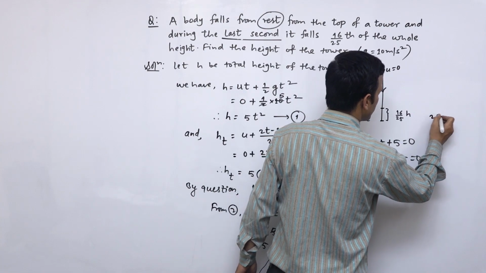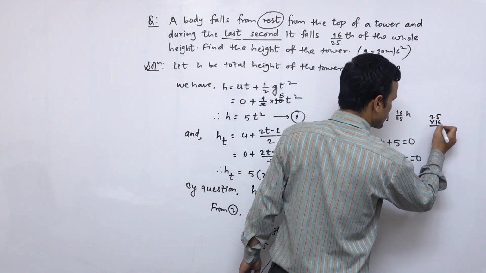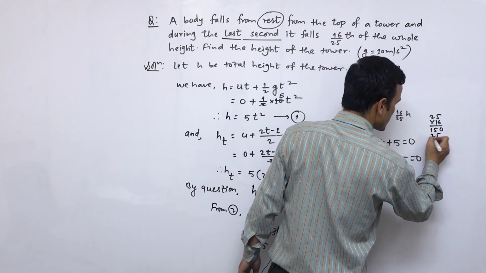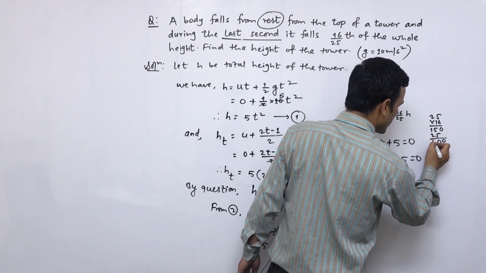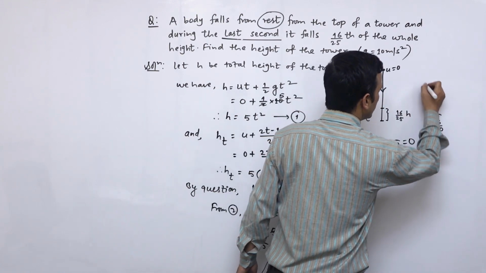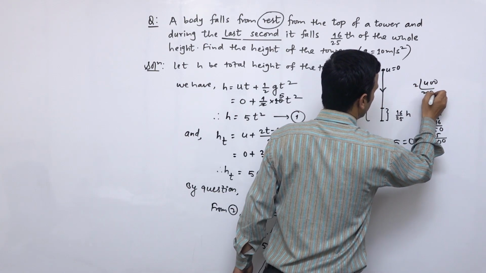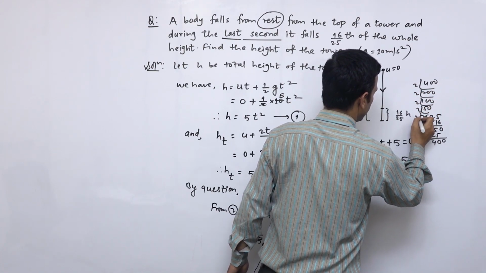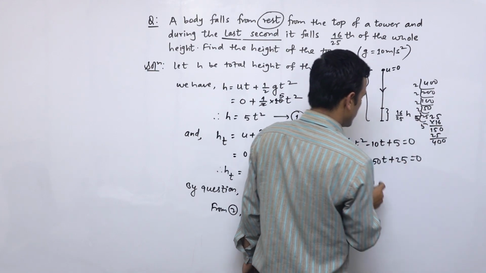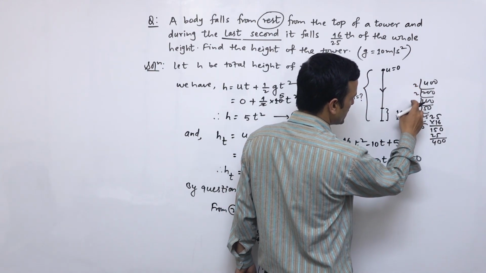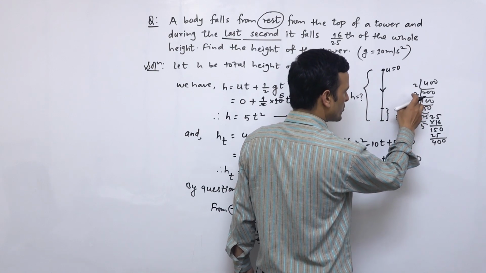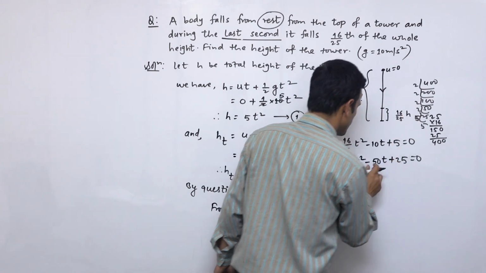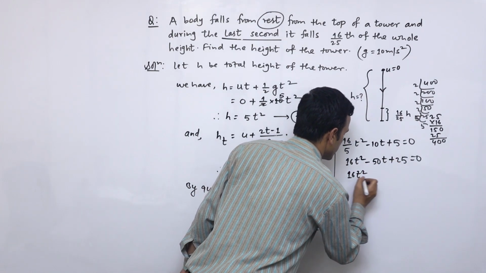So multiply 25 into 16. It is 400 and 400 लाई हामीले ब्रेक गर्यौं भने ल्याउनको लागि 40 and 10.